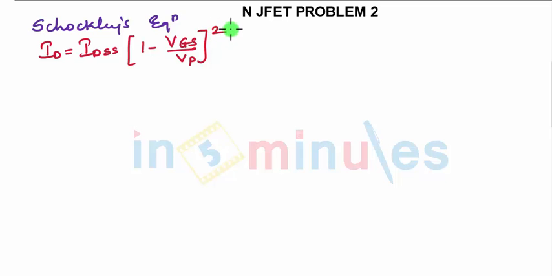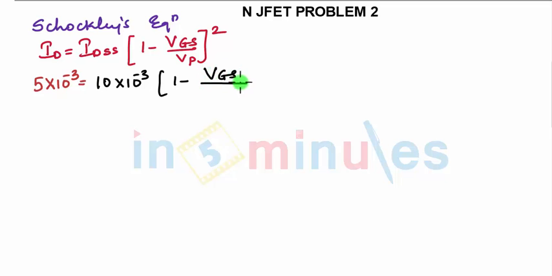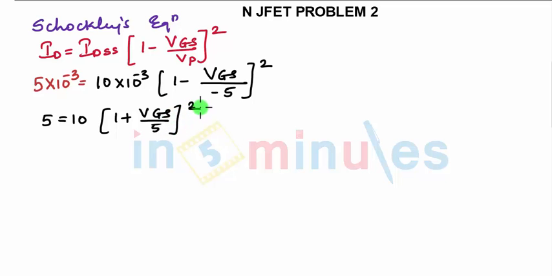The value of IDQ we have got is half of IDSS. That means we know the value of ID is 5 milliamperes. Value of IDSS is given as 10 milliamperes, 1 minus VGS we don't know, and VP is given as -5, the whole square. So this will get 5 equals 10 times (1 plus VGS by 5) the whole square.